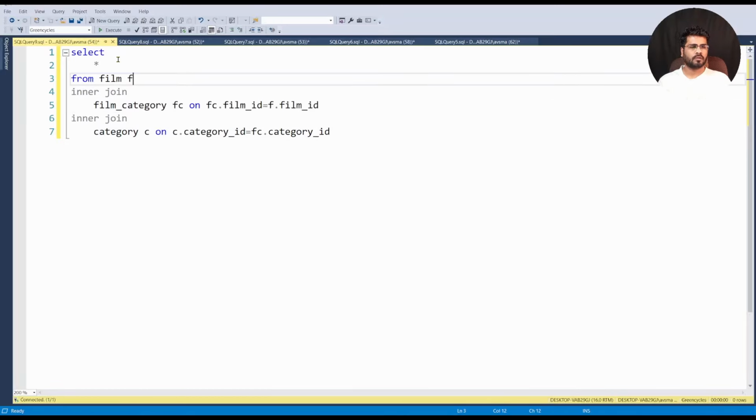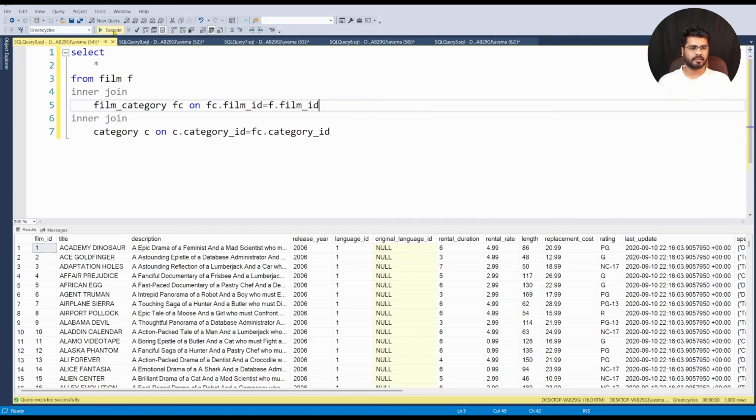So here is the table that we joined, film with the category table. Let us see the outcome.